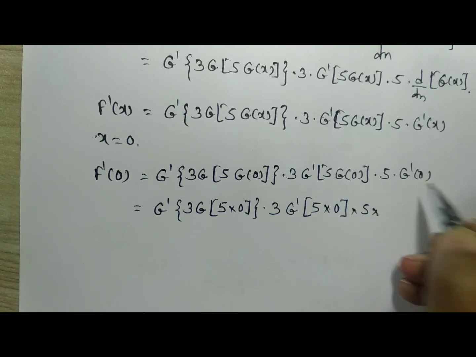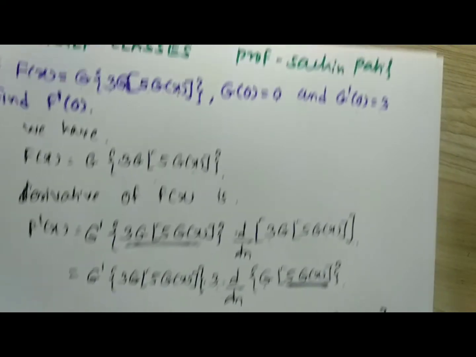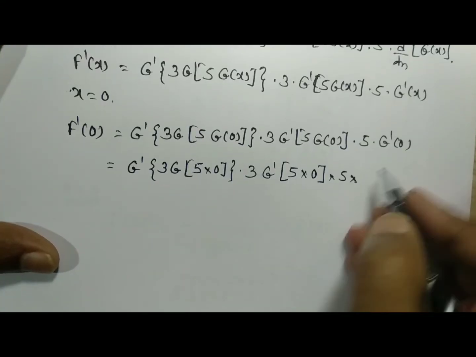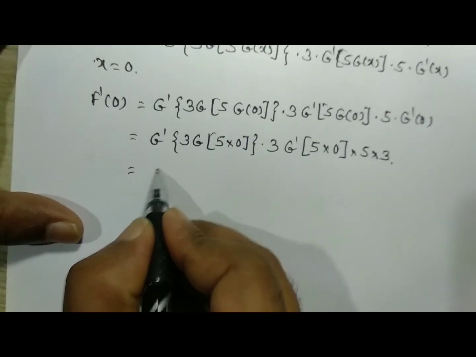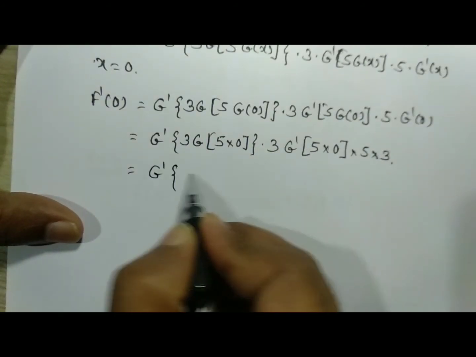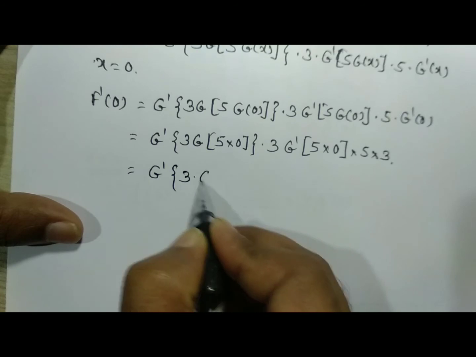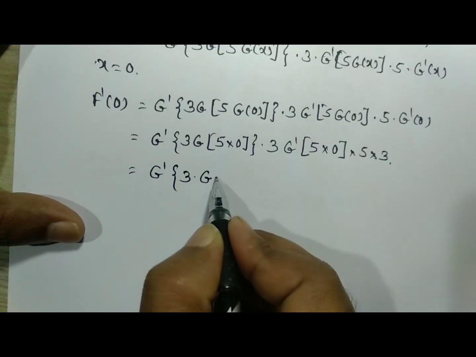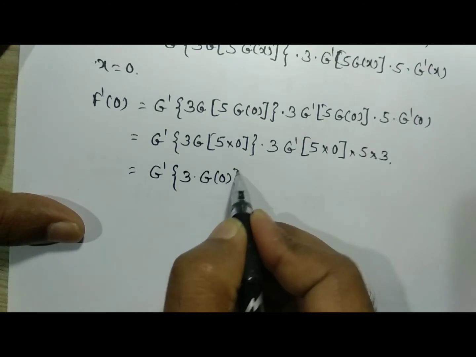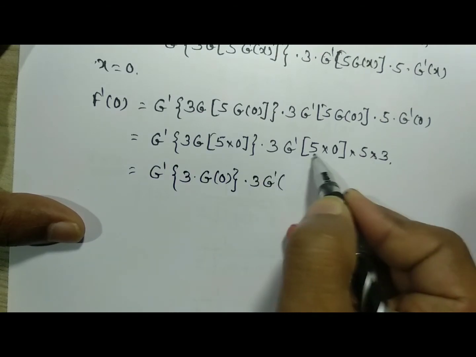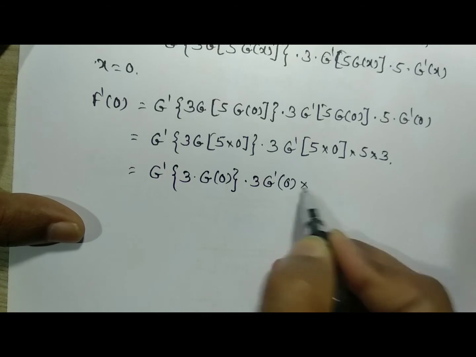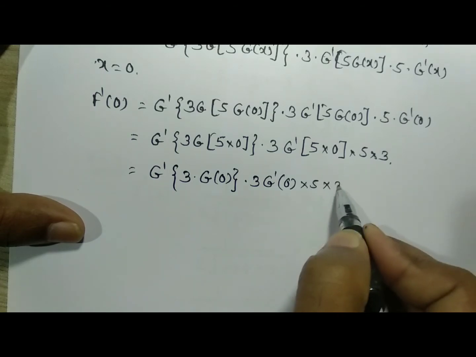What is the value of g'(0)? g'(0) has the value 3, and therefore you get 3 here. And now we go with g' of (3 times g(5·0)) times 3 times g'(5·0) times 5 times 3.